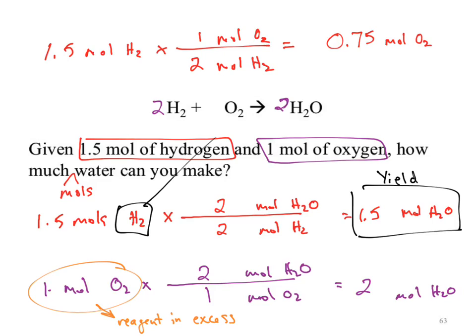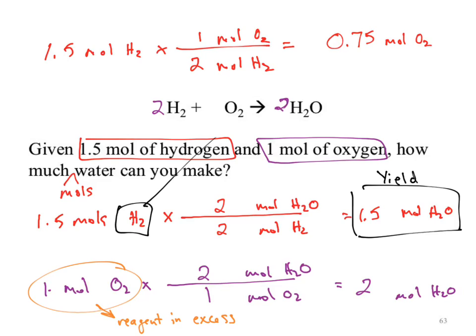How much oxygen do I actually have? 1 mole of oxygen, which means I have more oxygen than what I need, so the oxygen is in excess and the hydrogen's the limiting reagent.